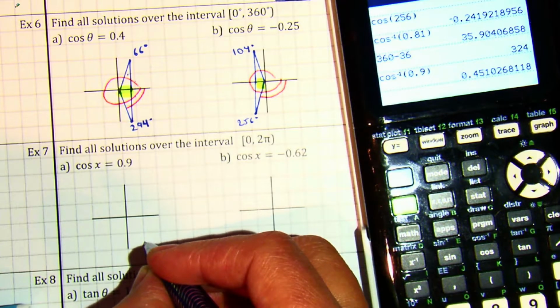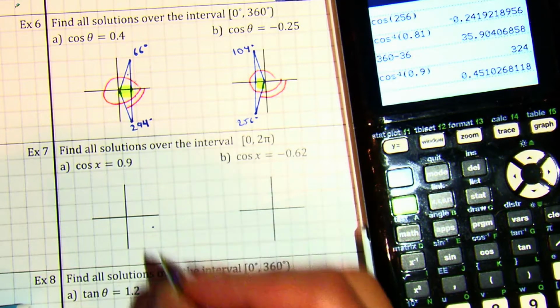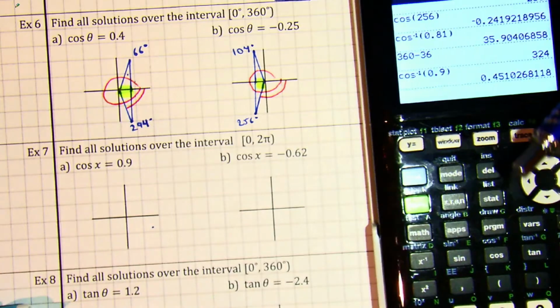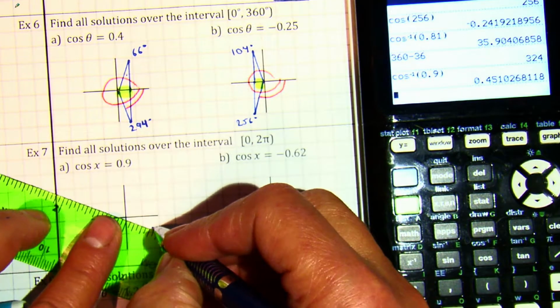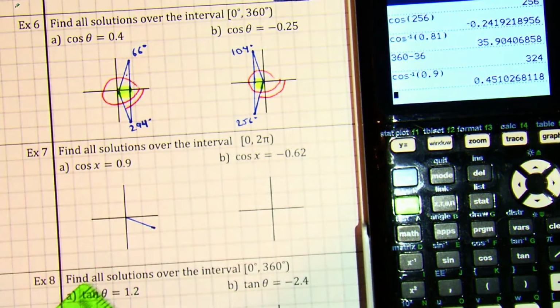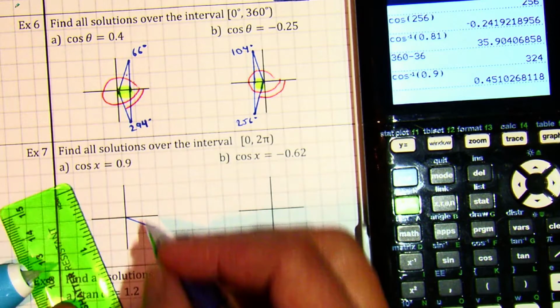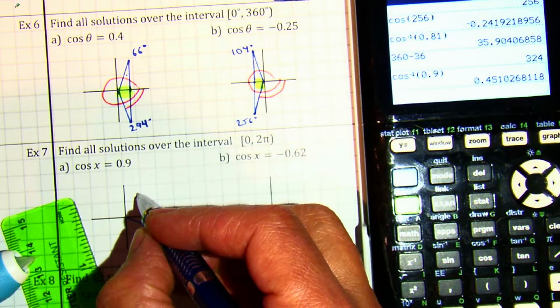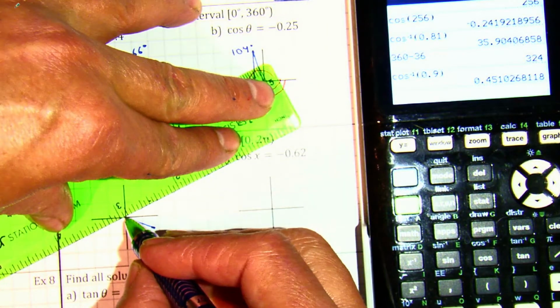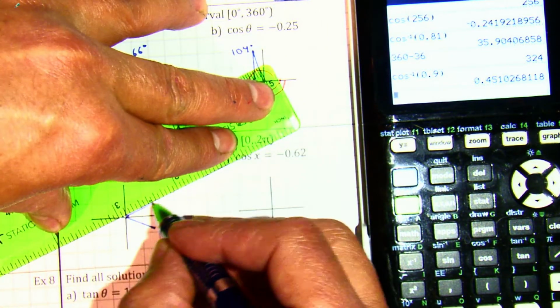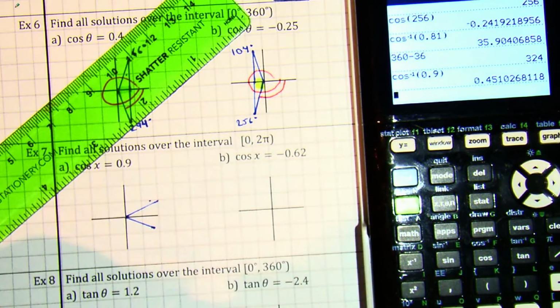Remember, 1 radian is here, so halfway, just a little more. So probably it is around here. So it's positive, not negative. So positive is 1 radian, so it should be around here. Not this one here.